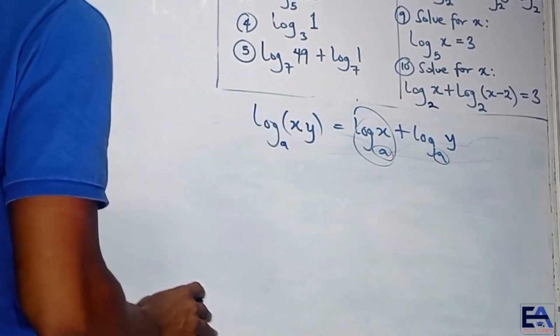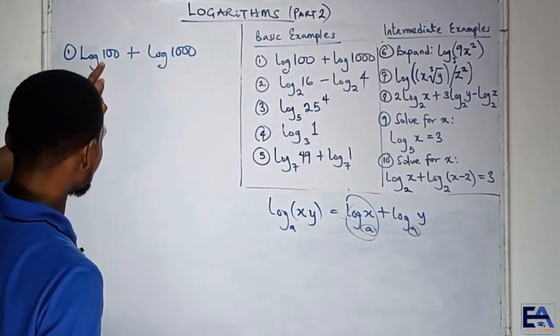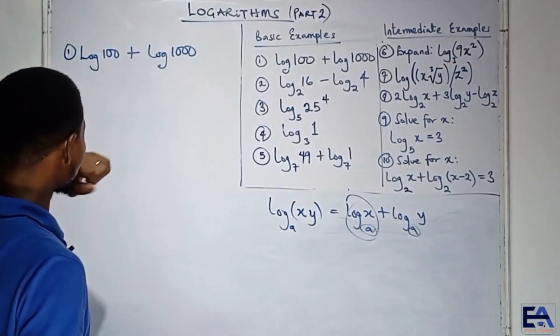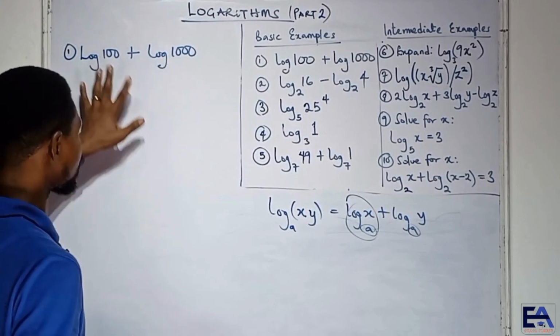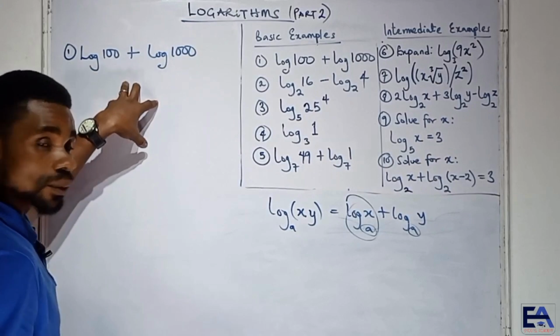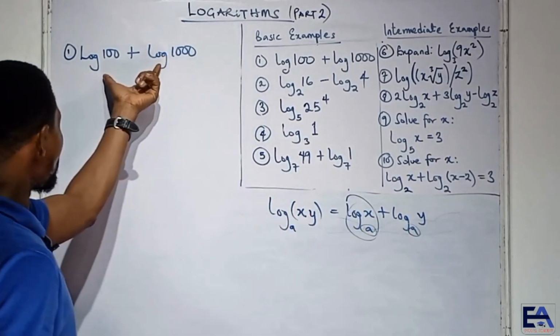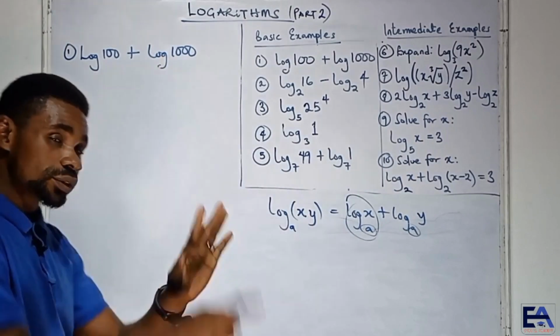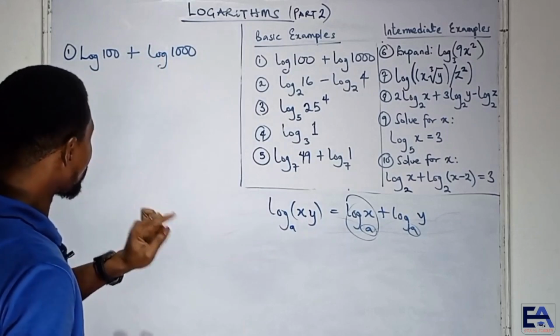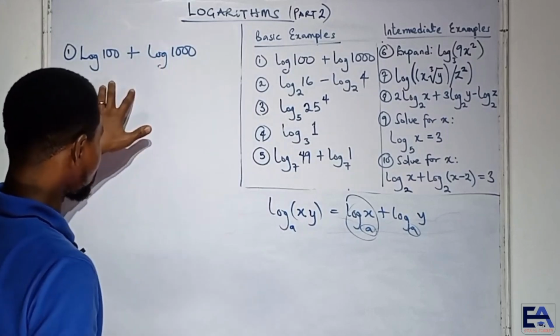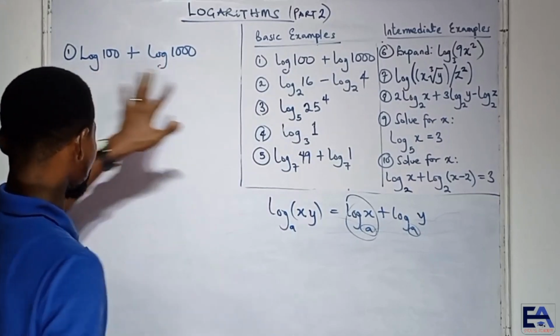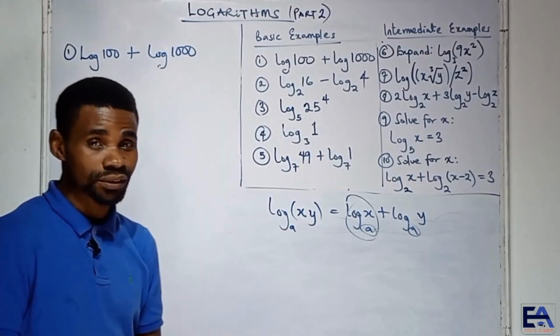For instance, this is to base 10 and this is to base 10. Since they have the same base, yes, you could reverse the law. So I'm going to solve this question in two ways. Way number one is to reverse it, and way number two is to solve them separately and add the results.